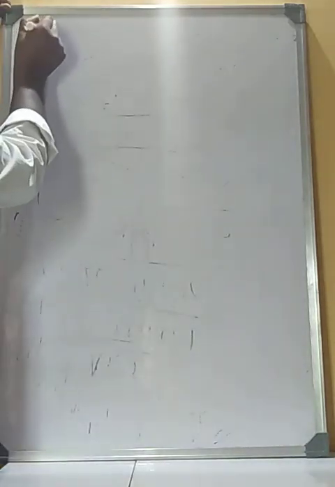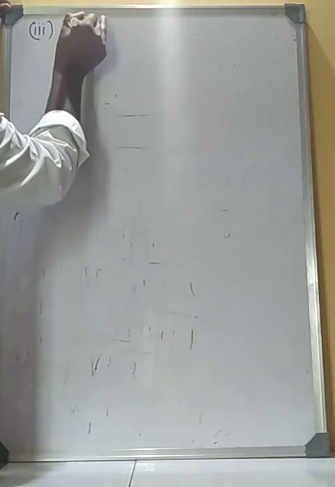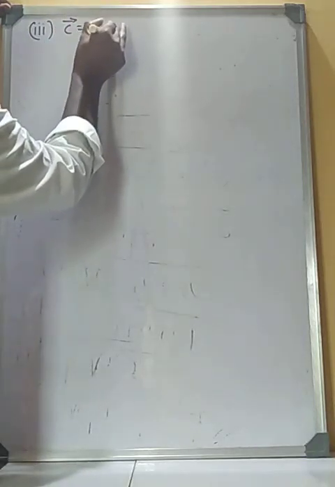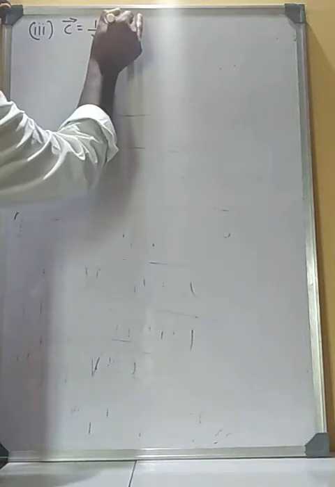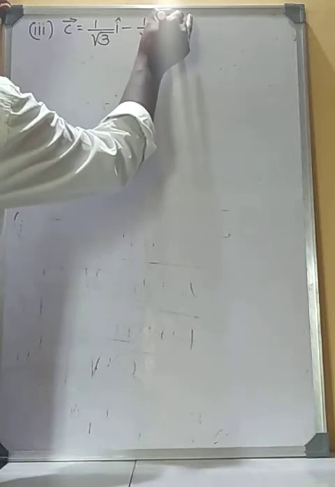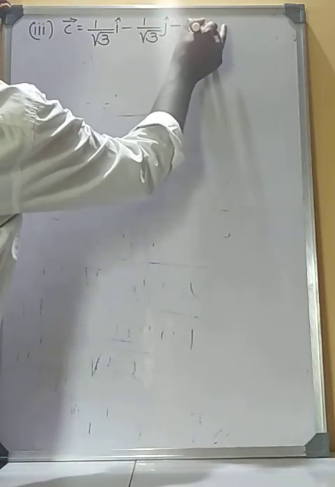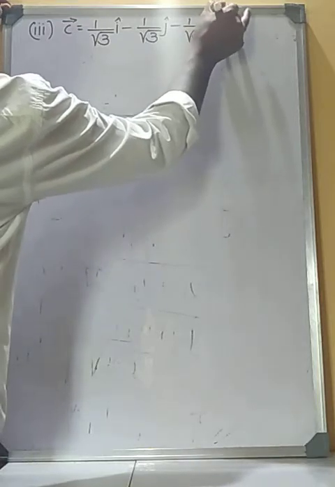And the third vector, C vector, is equal to 1 by root 3 i minus 1 by root 3 j minus 1 by root 3 k.